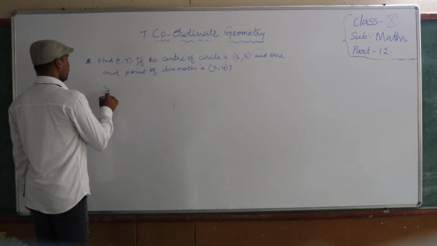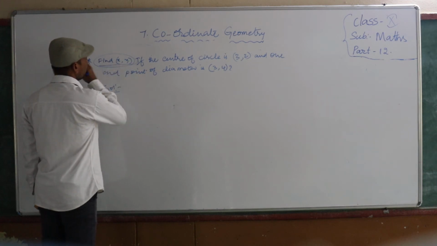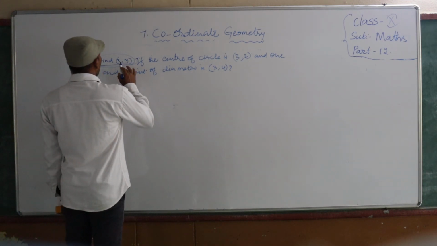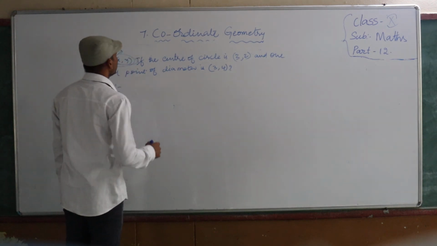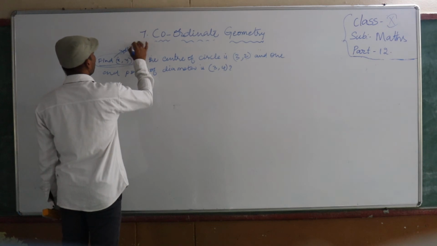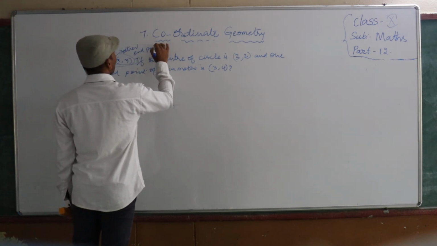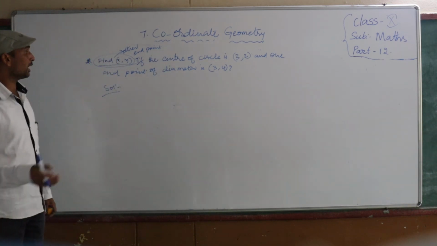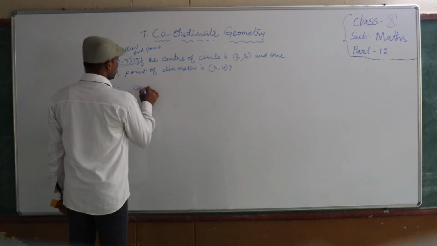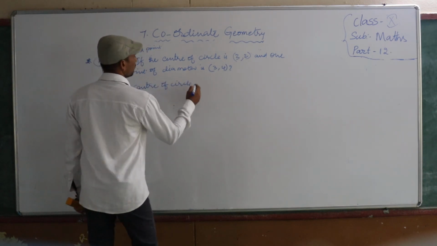See children here, one question. We have to find x comma y. So this (x, y) is the other end point of the diameter. They will give the question like this. See, here the center of the circle, how much is given?